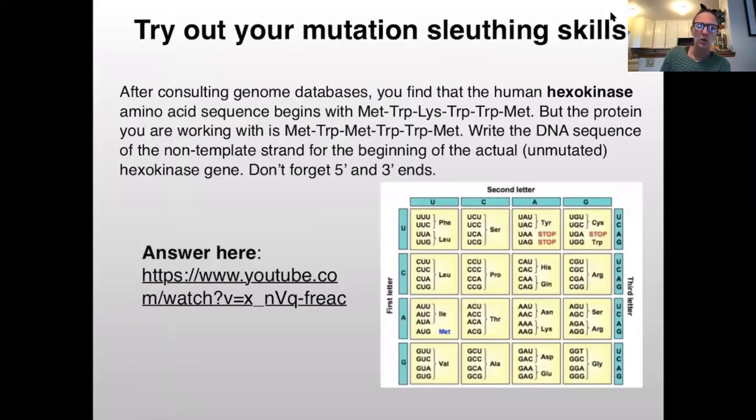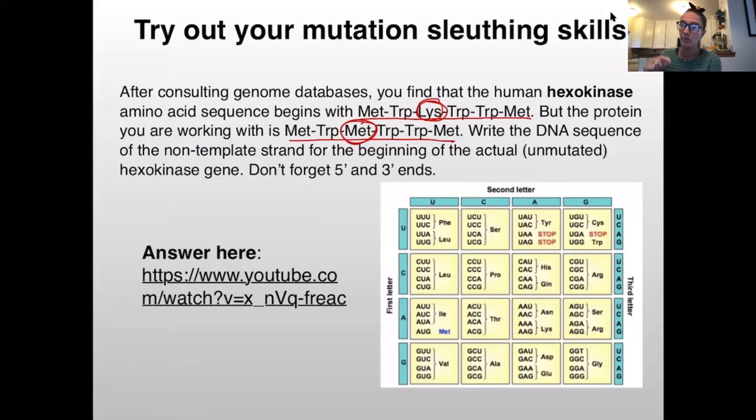So here is a good thing that you guys should try. After consulting genome databases, you find that a human hexokinase amino acid sequence begins with methionine, trp, lys, trp, met. But the protein you are working with is this. And you can see that there is a difference there, right? So you can see that there's a lysine versus a methionine here.